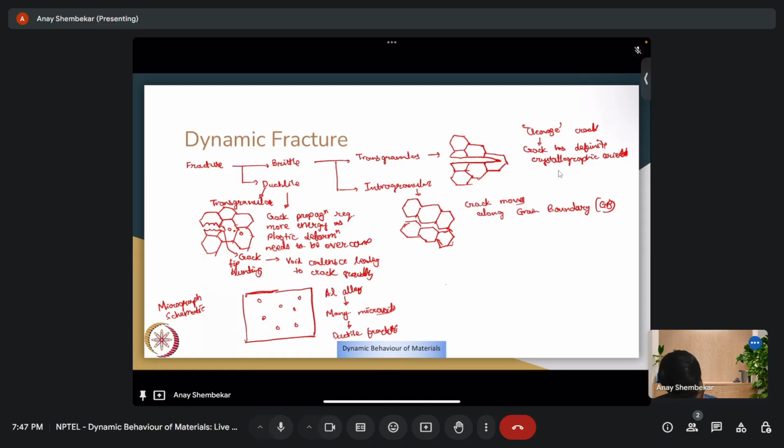Whereas for a brittle material, such as pure iron, you have many microcracks, which leads to brittle fracture.